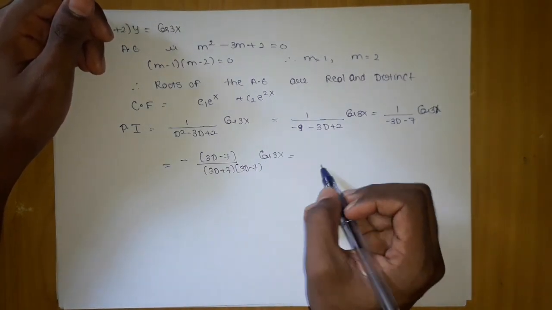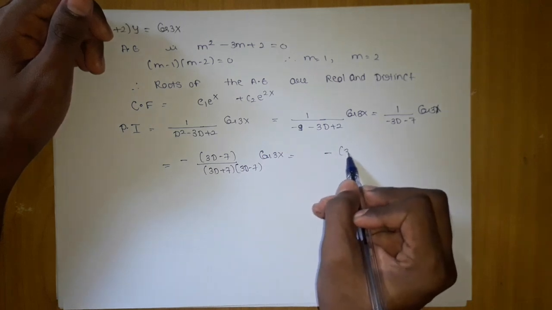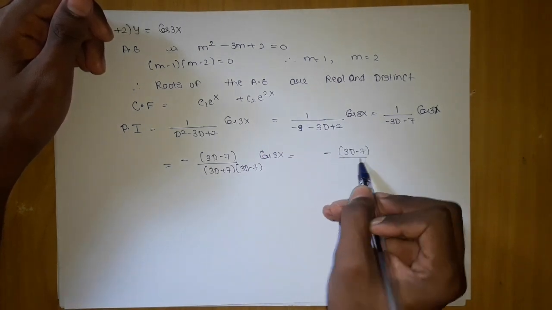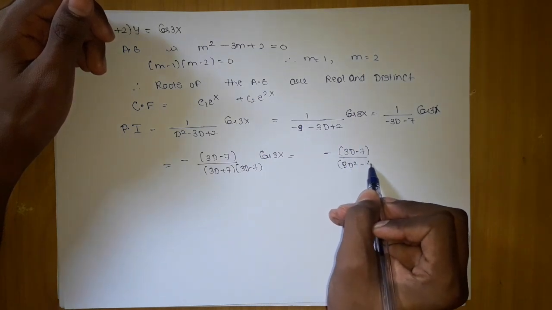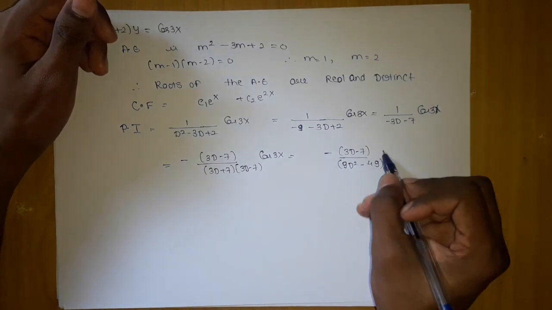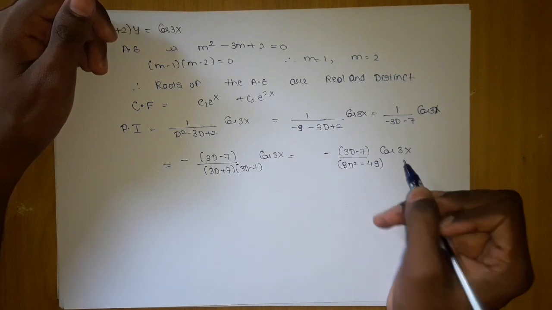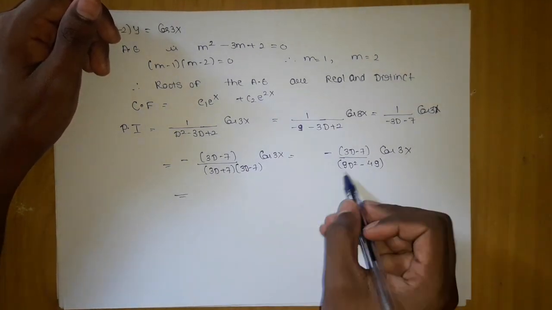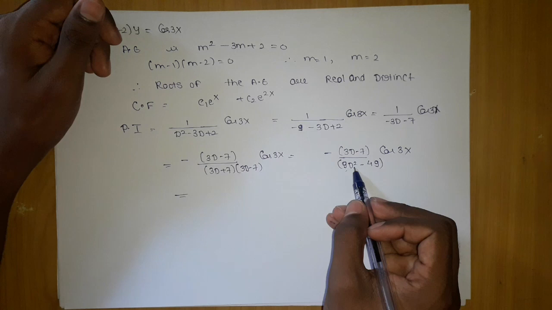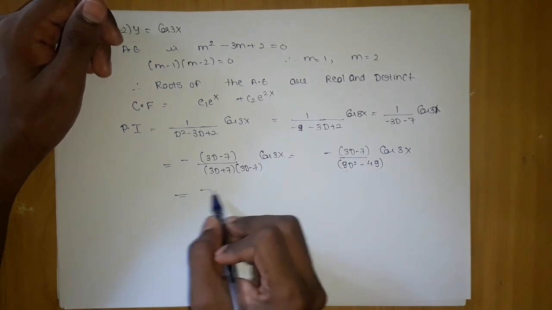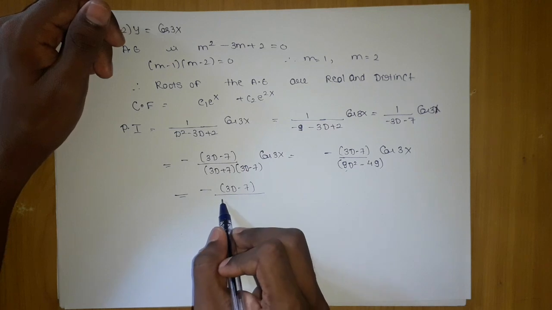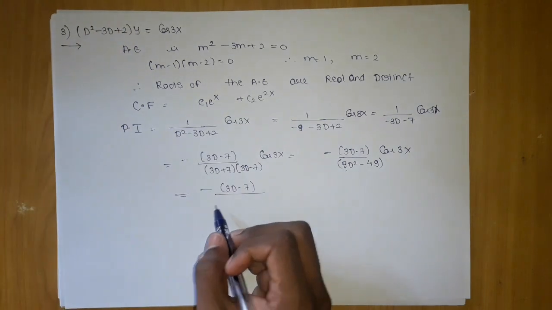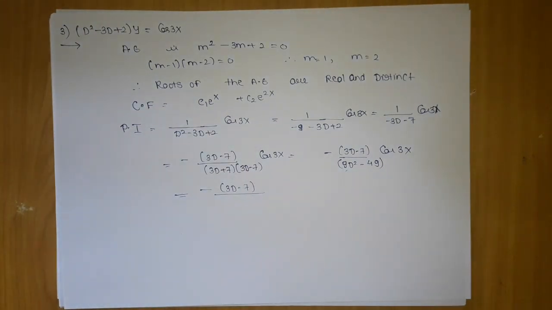After rationalizing, what we get is -(3D - 7) in the top, and here it will be (9D^2 - 49) cos 3x. After this, we are going to substitute D^2 by -3^2, which will give me (3D - 7) here, and here it will be 9 into -3^2, which is -27.